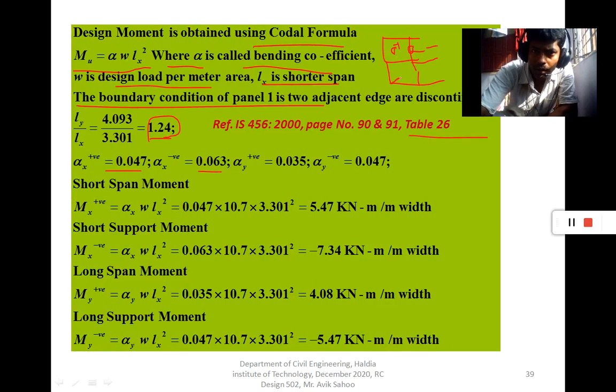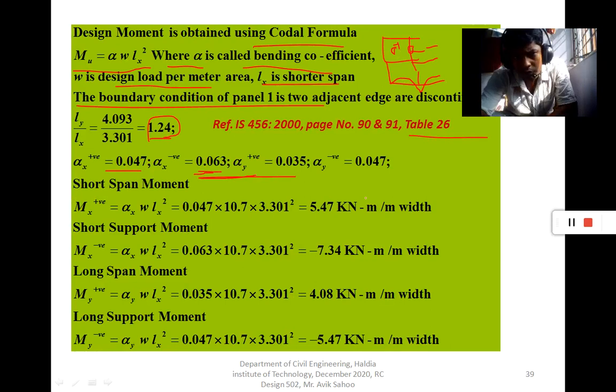This is the bending moment diagram. For a continuous span, the positive moment is at the middle and the negative moment at the support. So that's why two coefficients come, because this panel is continuous. Here the negative moment is developed, so the negative coefficient we get from table 26.